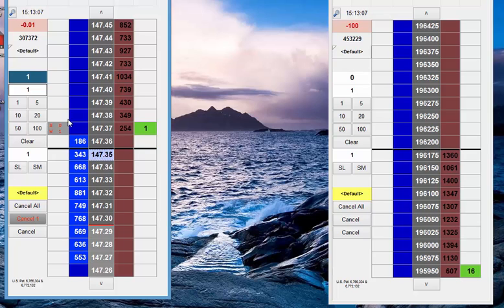So I've only bought one contract, as you can see from this number 1 here. So if I get this price at 147.37, I would have made 2 ticks on one contract, so 20 euros profit. So let's see what happens. Obviously, because I've bought to close out this position, I need to offer it to sell, and that will get me flat. Flat means no position.